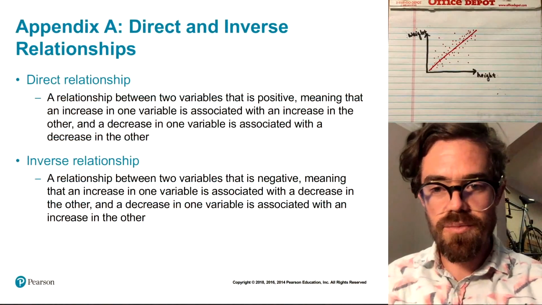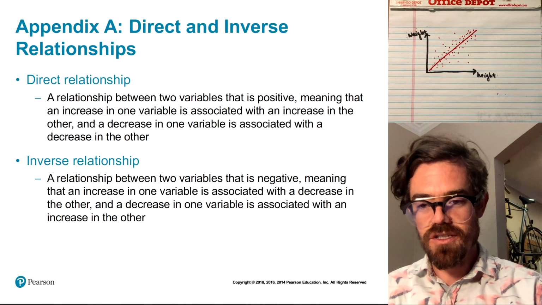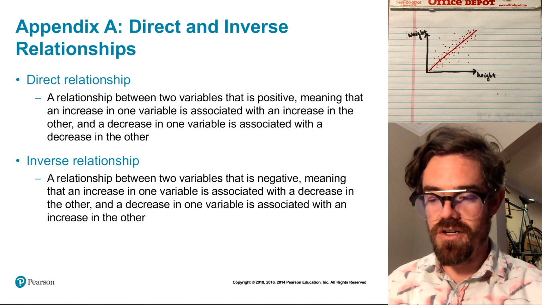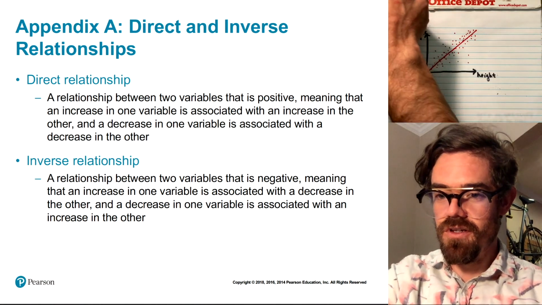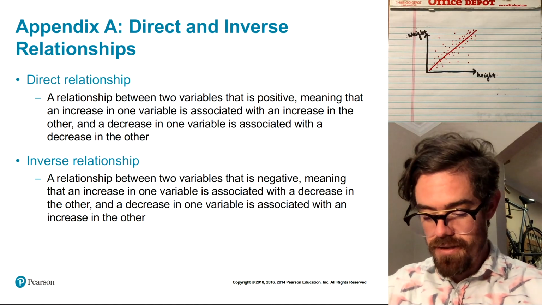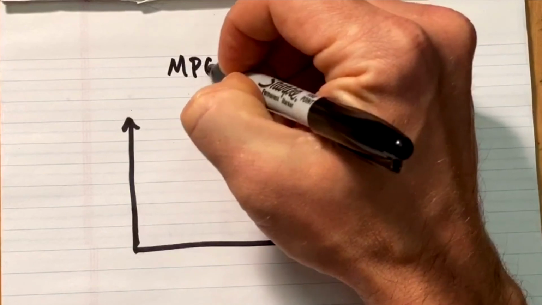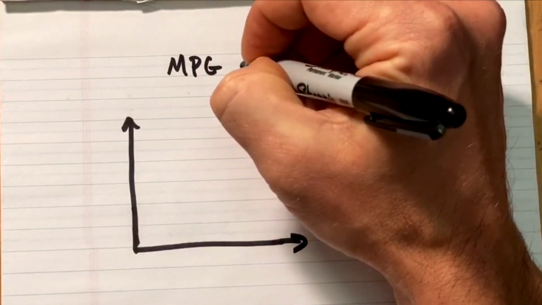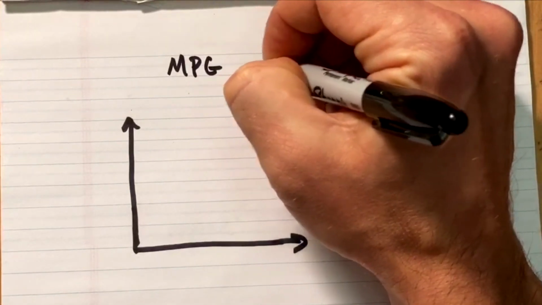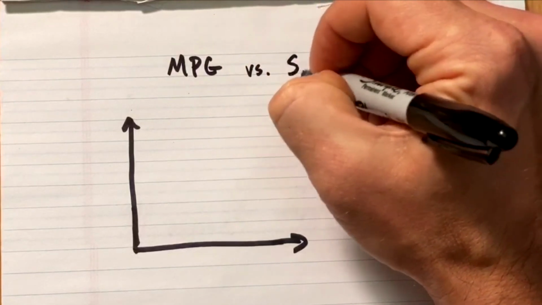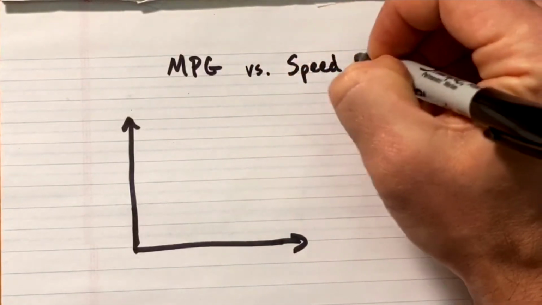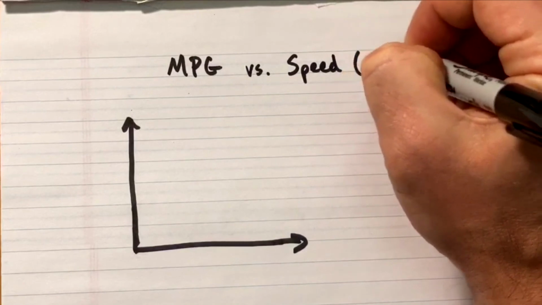Now, the other type of relationship, inverse, just means, again, that they move in opposite directions. And for that might be something like MPG versus speed in miles per hour.